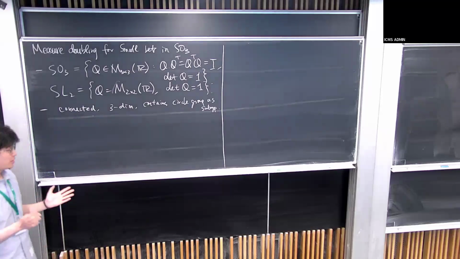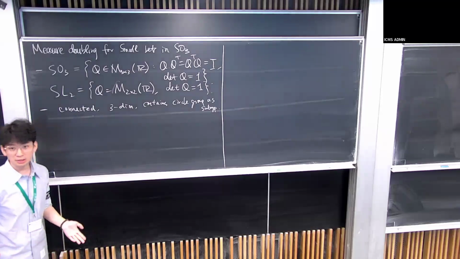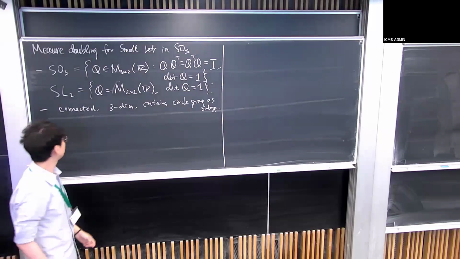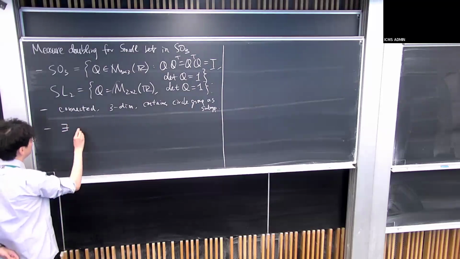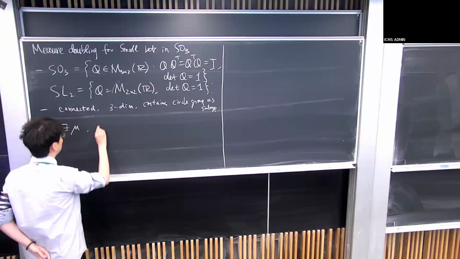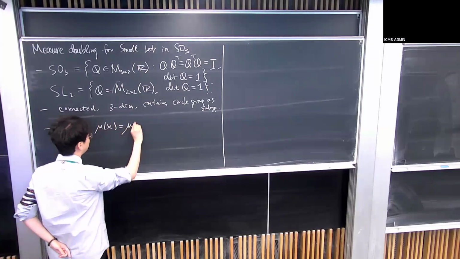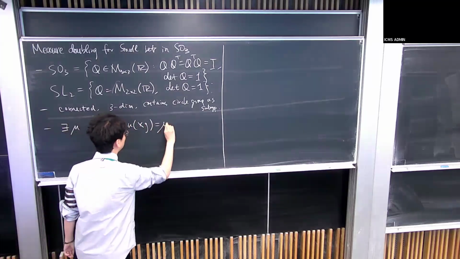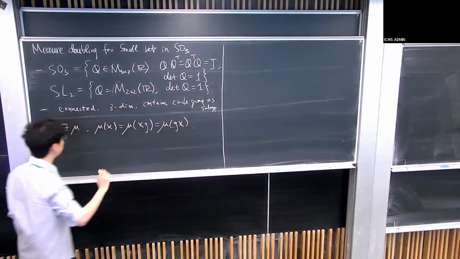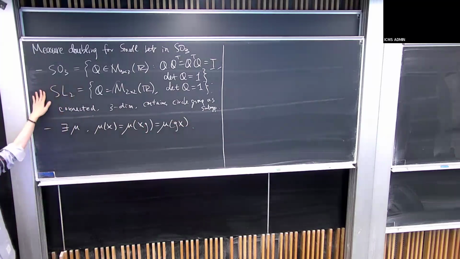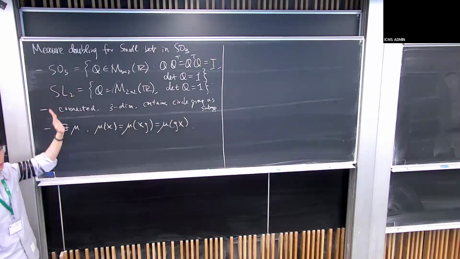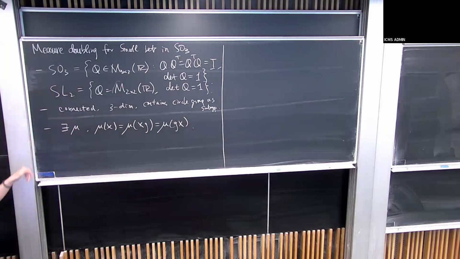The measure here is a nice generalization of cardinality or Lebesgue measure. So there is this unique mu, with mu(xA) equal to mu(Ax) equal to mu(A), invariant. So SO3 is compact, and all compact groups are unimodular. SL2 is not compact, and not all non-compact groups are unimodular. It's quite special.